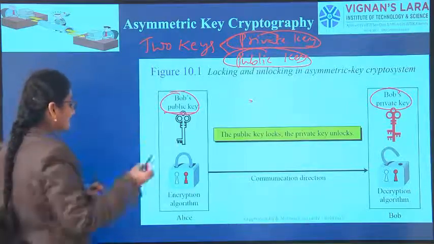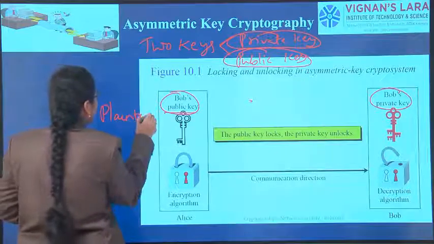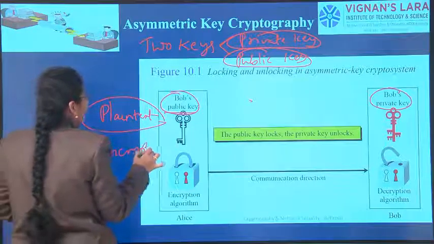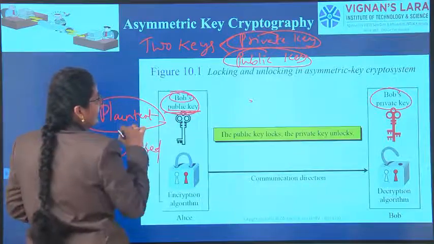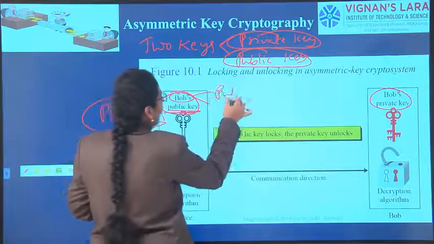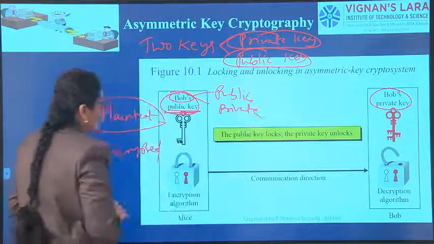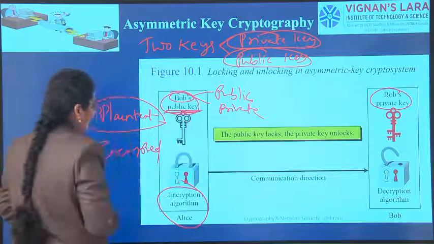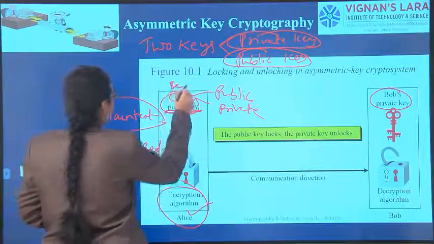So see here, we have plain text. This plain text should be encrypted. For encryption we are using public key. Bob is the person. Bob has public key and private key. And what will Bob do? For encryption he uses the public key, and he wants to send it to Alice. So Bob is the sender.